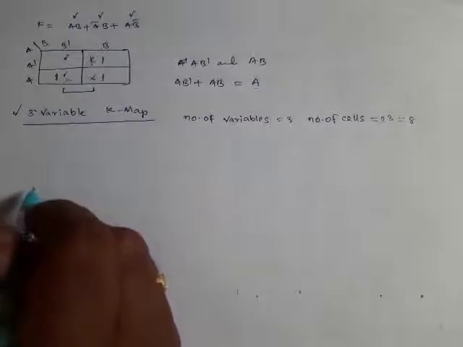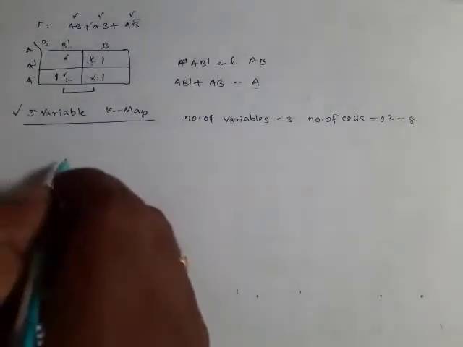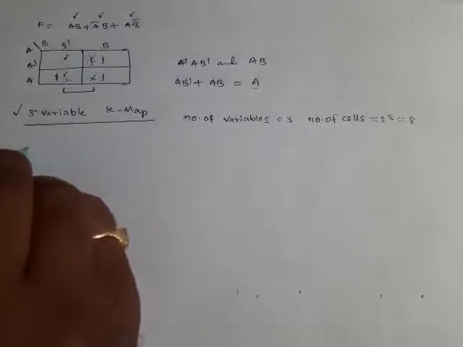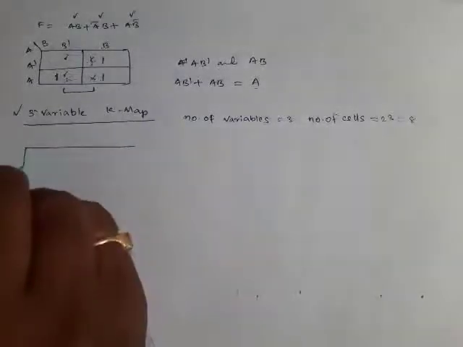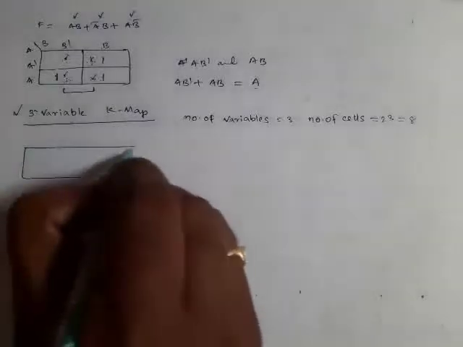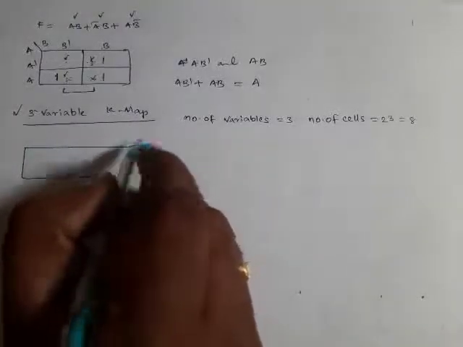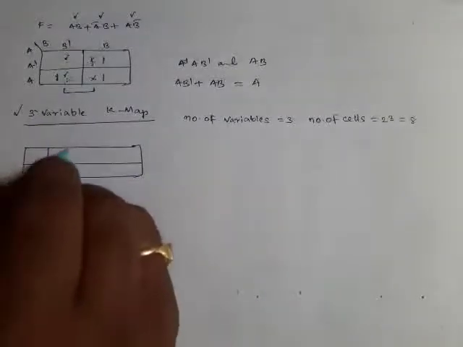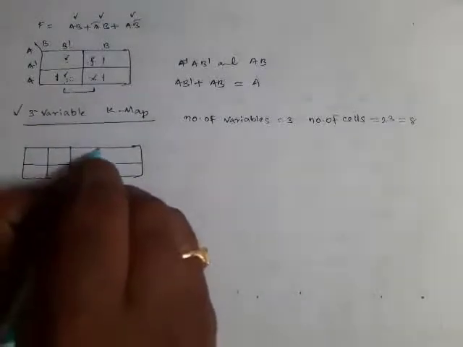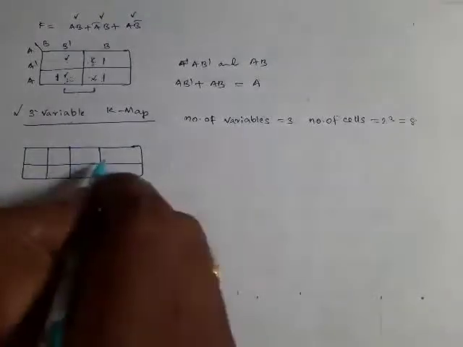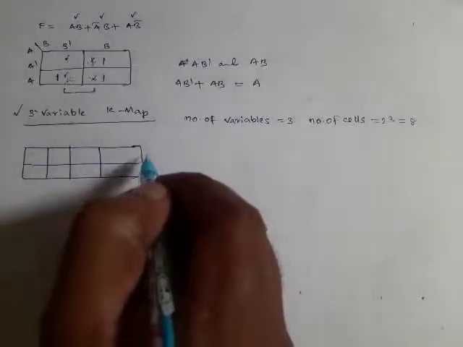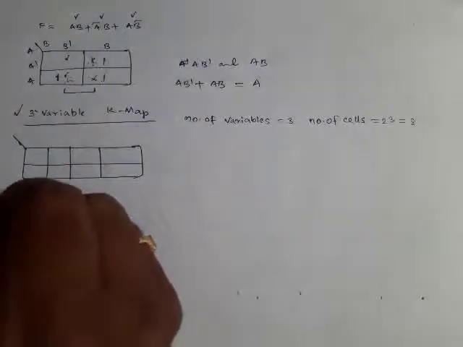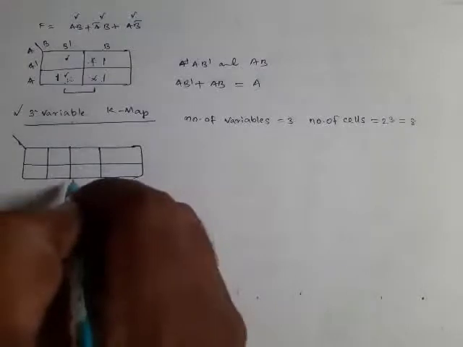So this K-map should contain 8 cells, and one way of drawing this K-map is to draw 2 rows and 4 columns, and I will be able to get 8 squares.